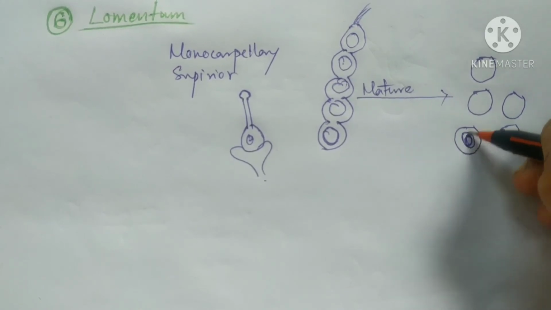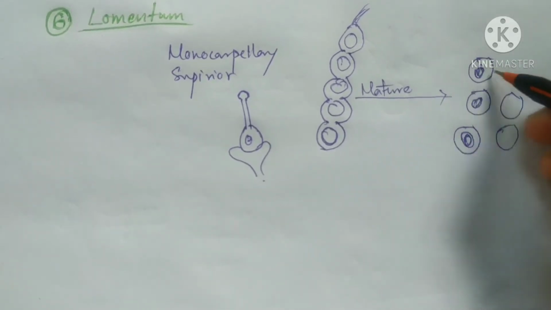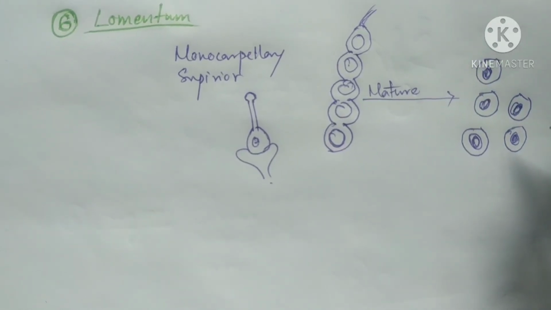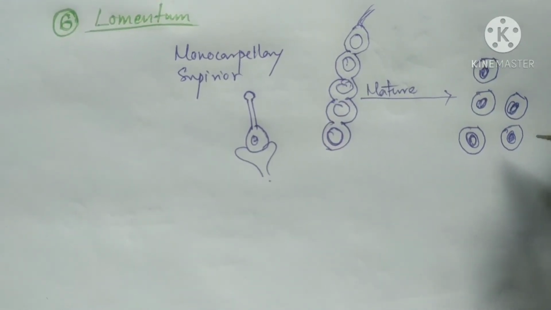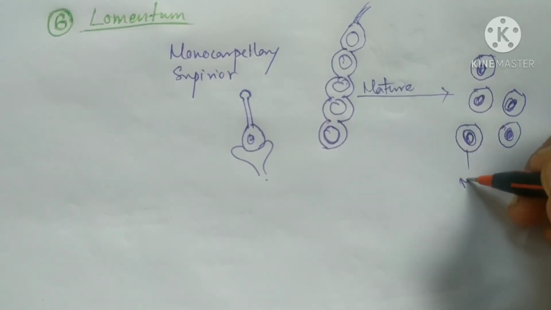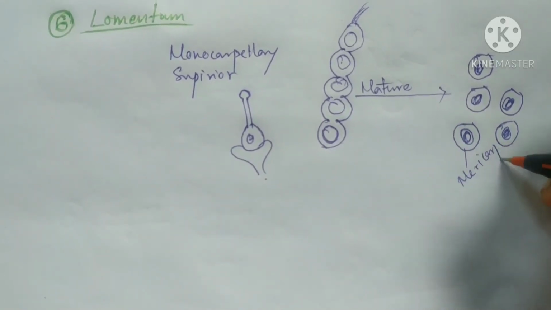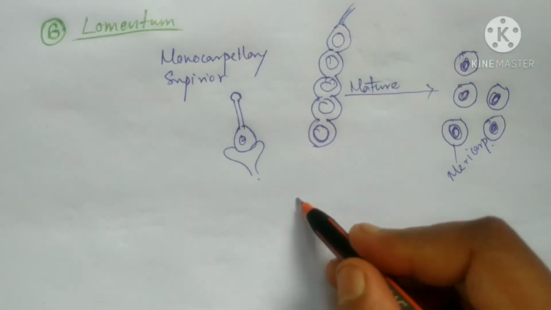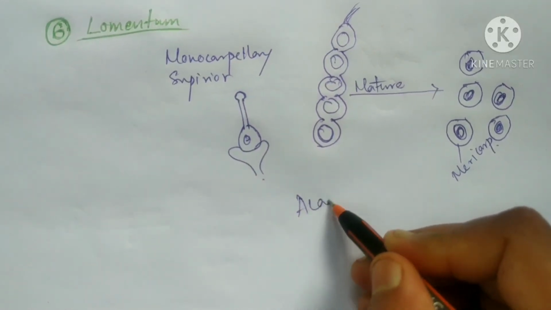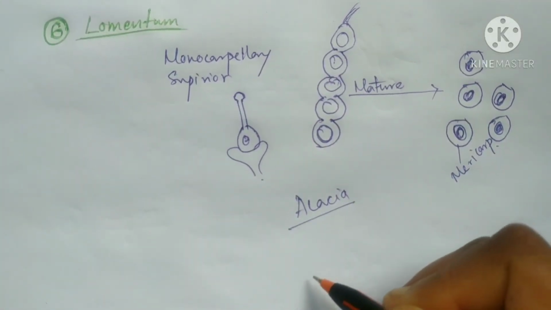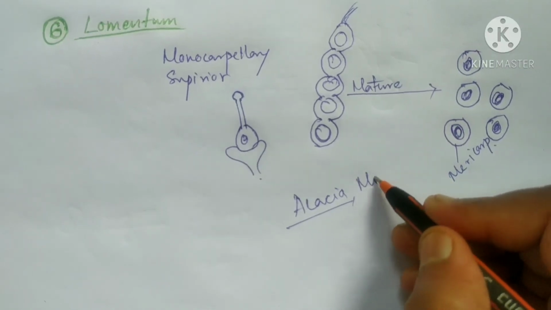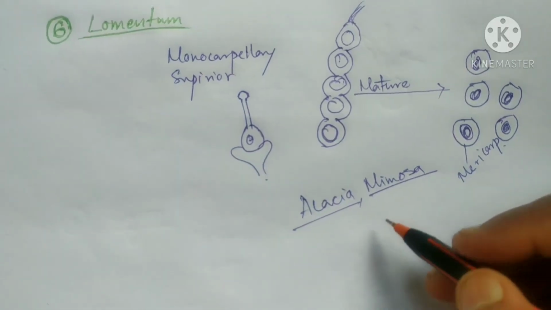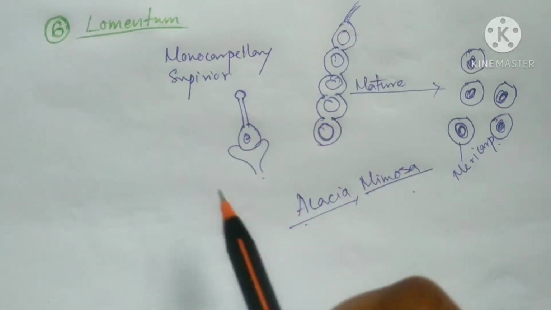And these beads are known as mericarp, right? Mericarp. So Acacia, okay, or Mimosa, these are examples of Lomentum type fruit.